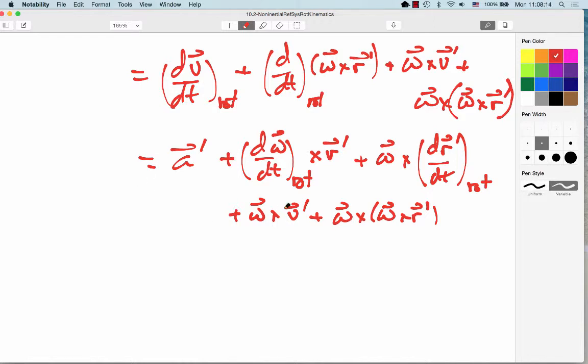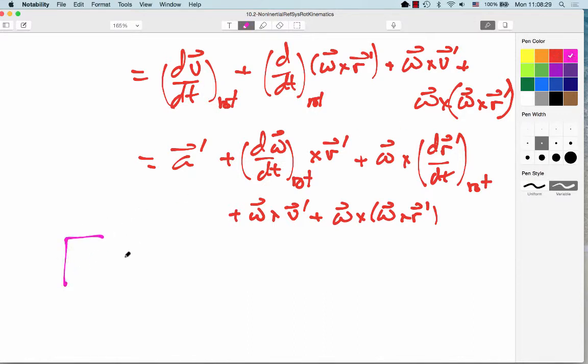at least the one good thing we've got going for us here is with this term, d omega dt in the rotating frame. That could have been troublesome, but it's not as bad as it looks.